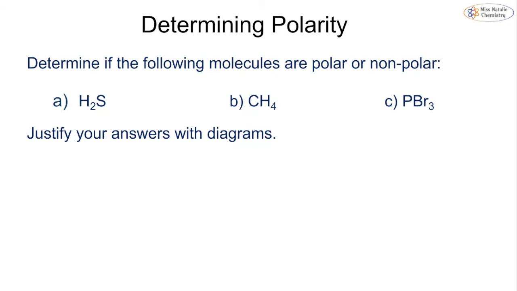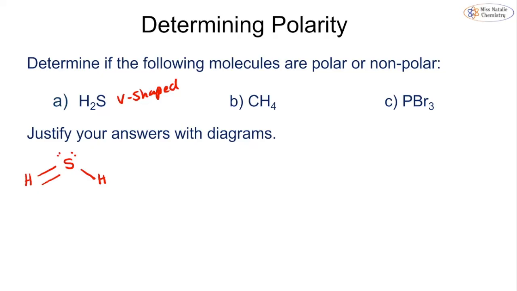Well, we've got, first of all, H2S. So H2S is going to be similar to H2O. So this is going to be a V-shaped molecule. So you're going to have something that looks like that. You are going to get a difference in electronegativity between the sulfur and the hydrogen, and it's going to cause the electrons to be pulled closer to the sulfur.